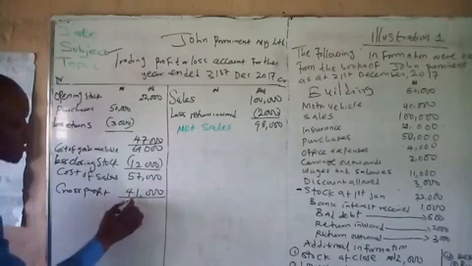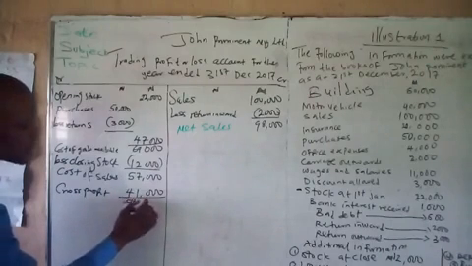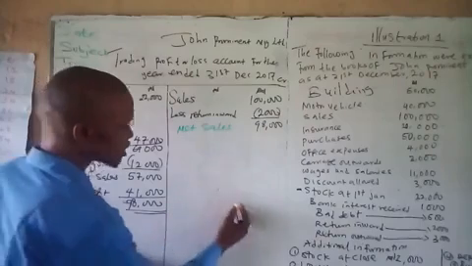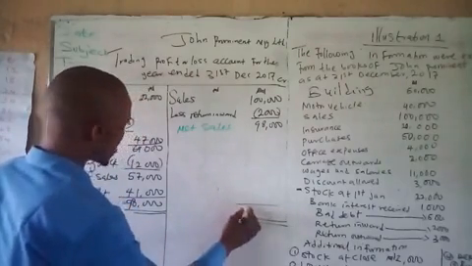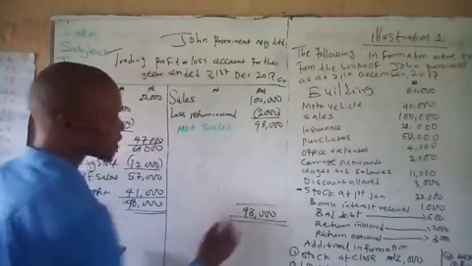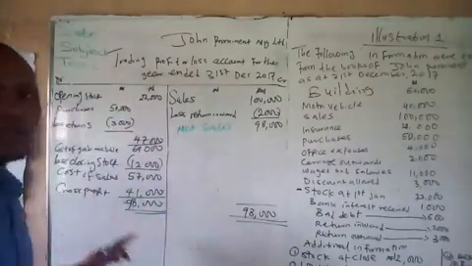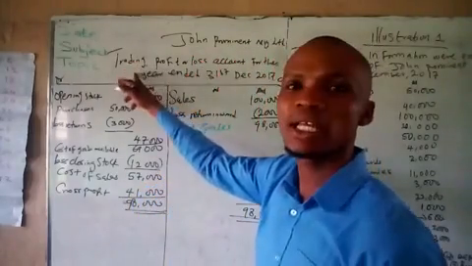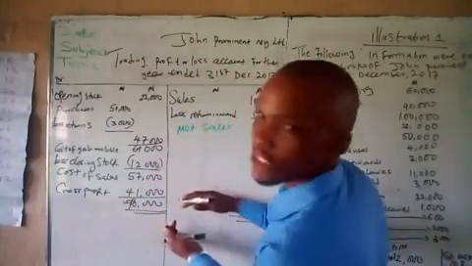Then you have 41,000 naira back to 57,000. What do we have? We have 98,000. Bring down 98,000 in the opposite direction. So what we have done so far is what we call the trading account. From here to this place is the trading account.